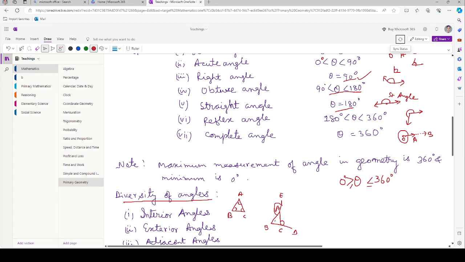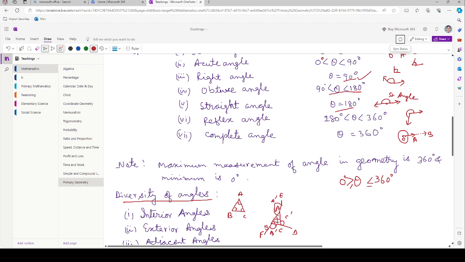And if we produce AB to F, then we get the exterior angle of B. So, if we name like that, then A dash, B dash, and C dash are the exterior angles of this triangle.